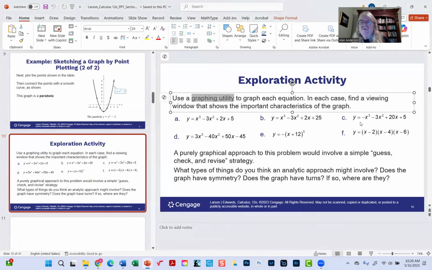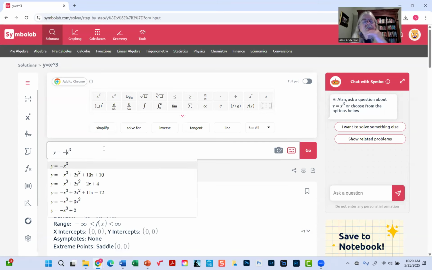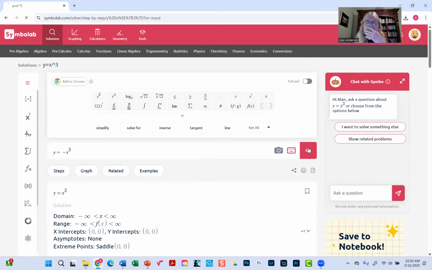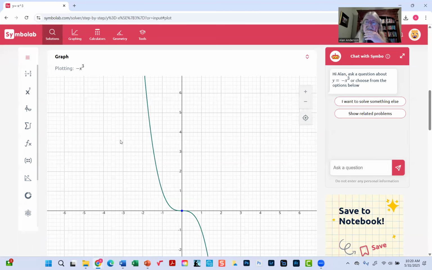So like, for example, this one here, negative x cubed. In fact, I'll just simplify this. Let me just show you what negative x cubed looks like. Yeah, you see, it's like a reverse, like a mirror image from left to right.